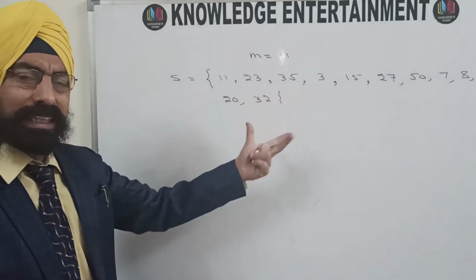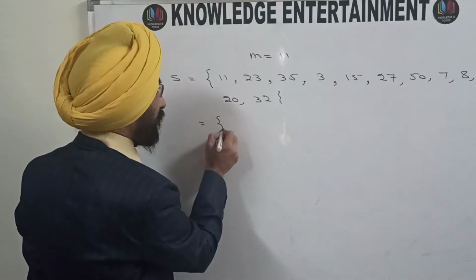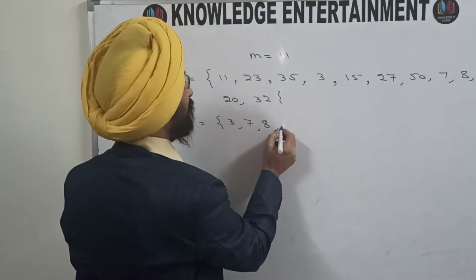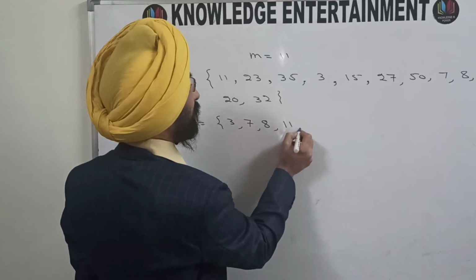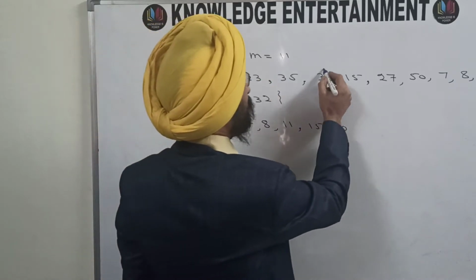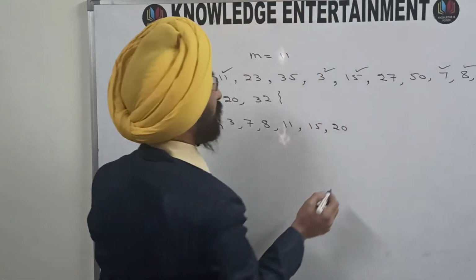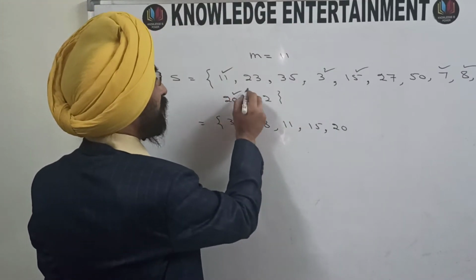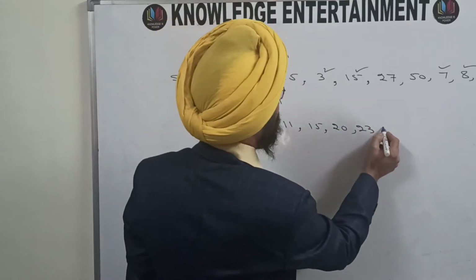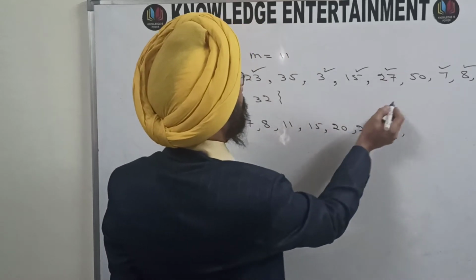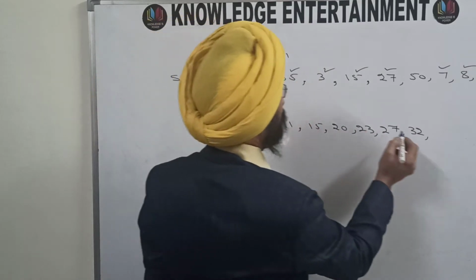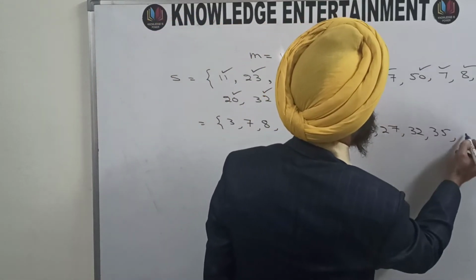Let me write these elements in order. The smallest one is 3, then 7, then 8, then 11, 15, 20, then 23, after 23 is 27, after 27 is 32, then 35, and the last one is 50.